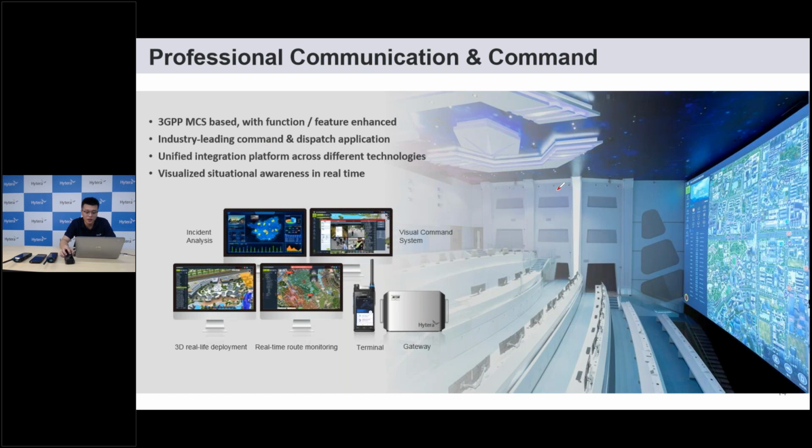What we provided for the China Police is a 3GPP mission critical service with all kinds of enhanced functions and features, and all kinds of comprehensive and professional command related systems, including the instant analysis system, visualized command system, 3D real-life deployment system, and the real-time routine monitoring system. Also, for each individual in the police force, we suggest they be equipped with our smart, intelligent multimode terminals to support broadband and narrowband communication at the same time.